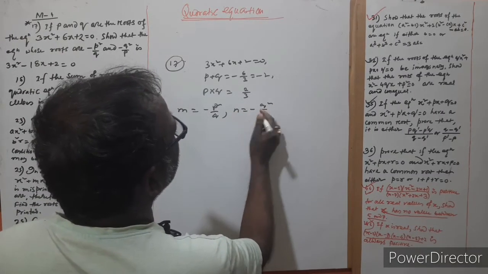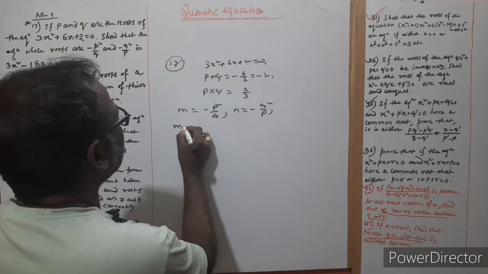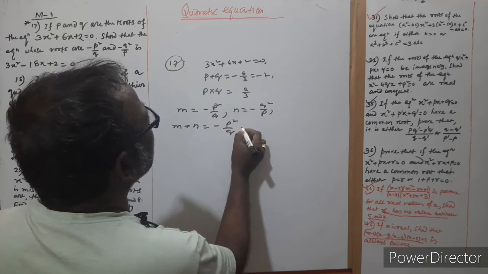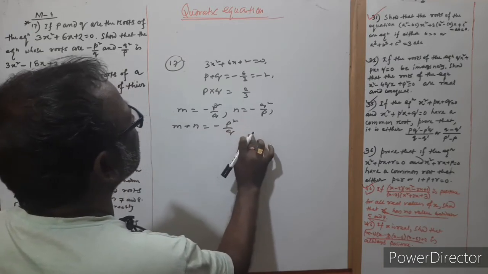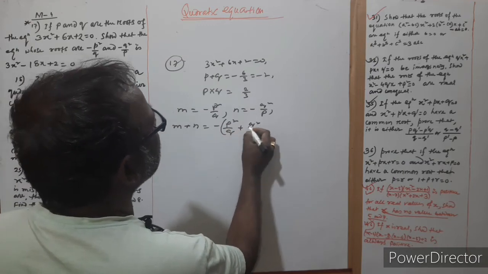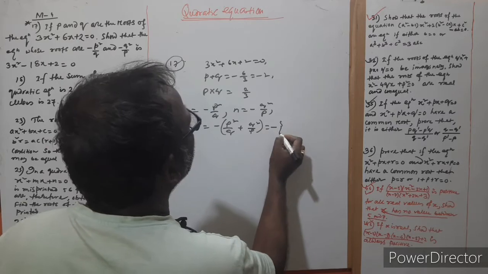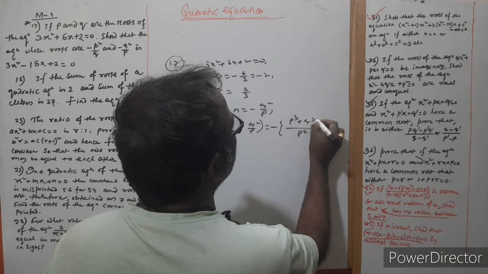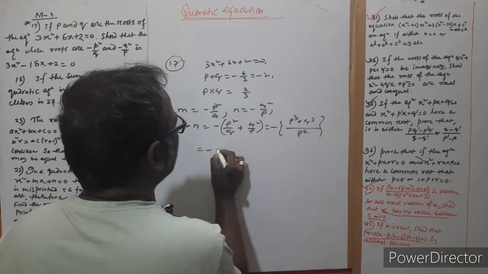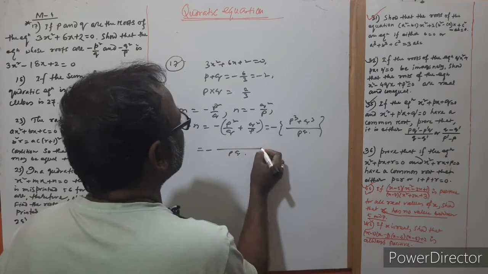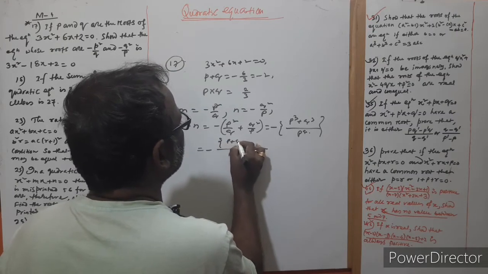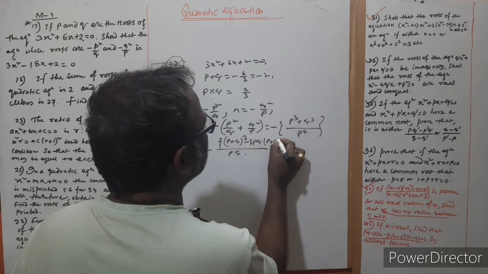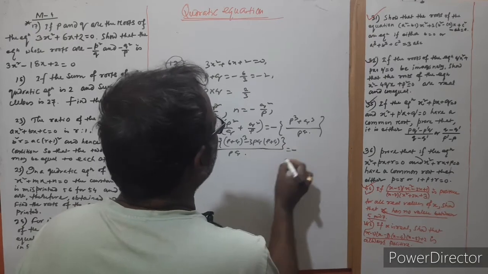Now we have to find m plus n, that is p square by q plus q square by p, which is p cube plus q cube over pq, that is p plus q whole cube minus 3pq times p plus q, over pq.